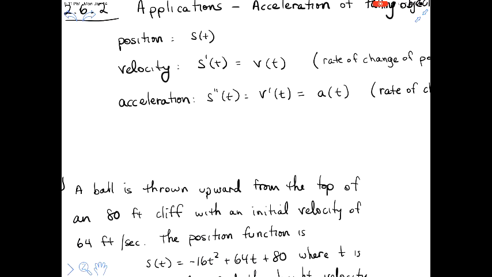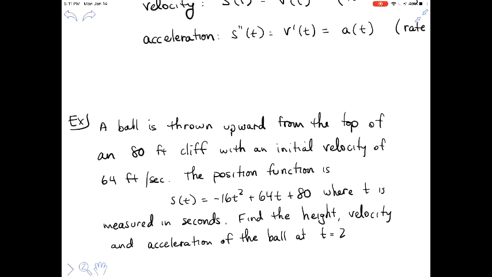So an application we need to look at. Again, much like the problems from section 2.3, a ball is thrown upward from the top of an 80-foot cliff with initial velocity of 64 feet per second. Position function is given here, where t is measured in seconds.